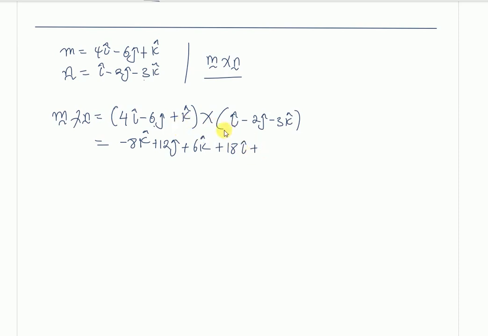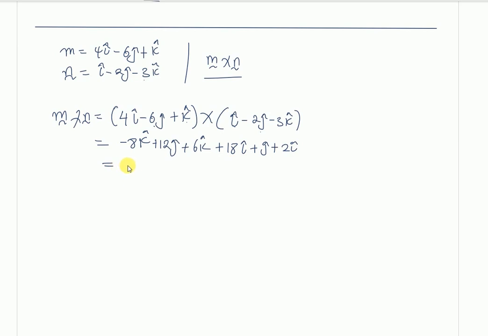Then we have k crossed with i, that one is j. Then k crossed with j, k cross j first of all is negative i, and then the negative to here will render this one a positive 2i.